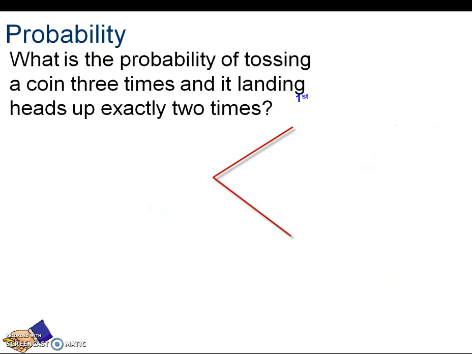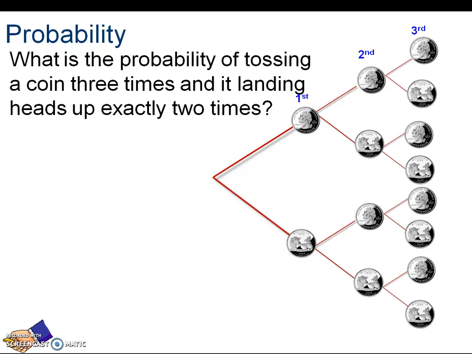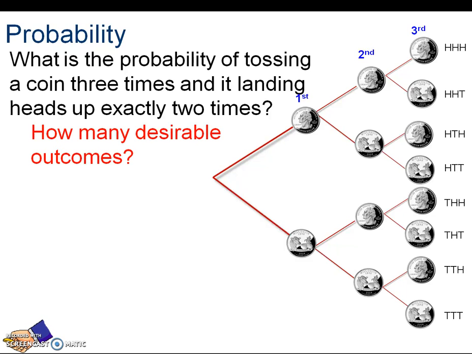Now what is the probability of tossing a coin 3 times and it landing heads up exactly 2 times? Well, again, you're going to do this probability tree. And again, you notice how it's going to be a little more complicated. So we're going to look at the desired outcomes. How many desired outcomes do we want?